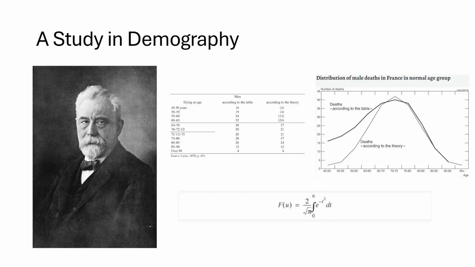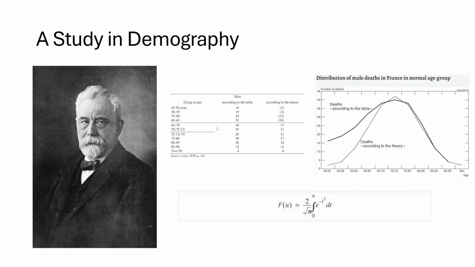And this error function has e involved in it, e to the negative t squared. So that's pretty cool. If we look at this, according to the theory, the error function is the non-bolded graph, and the bolded is the actual deaths according to the table.